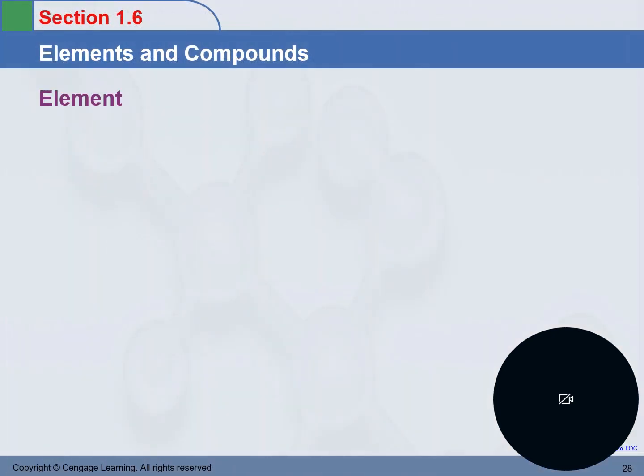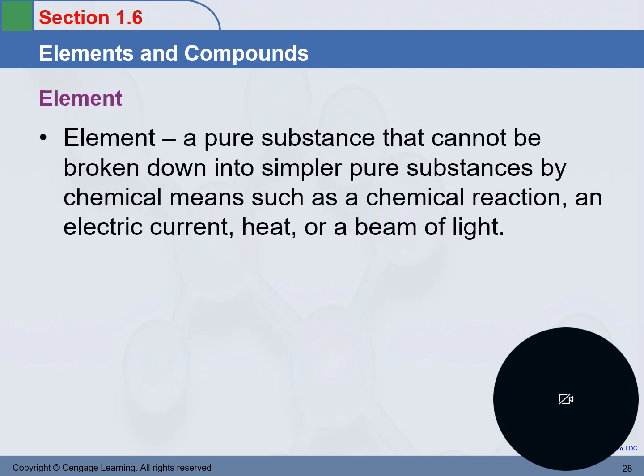1-6 is talking about elements and compounds, and that's where I kind of broke down matter. An element is a pure substance that cannot be broken down into simpler pieces by ordinary chemical reactions, such as using electric current, heating, or a beam of light. We would need something much more sophisticated like a cyclotron center like they have at Michigan State.